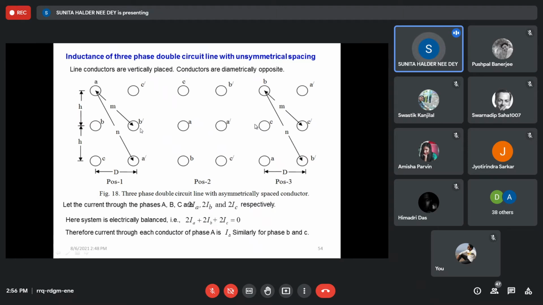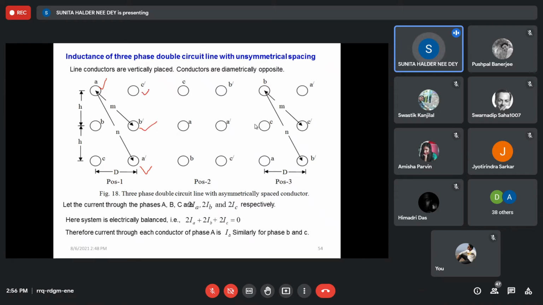So what is the convention? At first you place one conductor, then the other subconductor in that phase will be at the vertically opposite position. So if A is here, then A dash should be at the vertically opposite, diagonal position. Then B will be at the diametrically opposite position here.